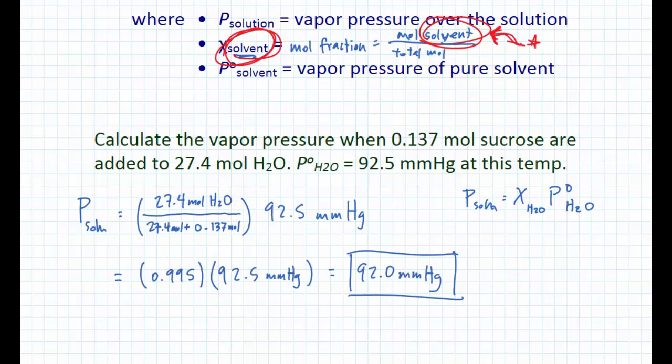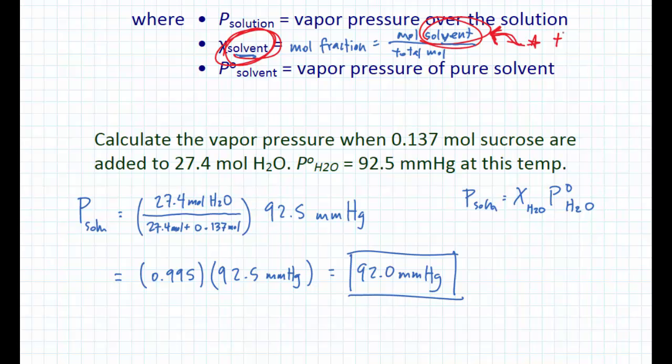It's because our starting point is like 100%. Our starting point is a mole fraction of 1, which would be just pure solvent. Mixing in a little bit of solute will bring that mole fraction down, like to 0.995 or 0.98 or 0.97 or something like that when we have small amounts of solute being added to it. Does that make sense? That's going to be very important.